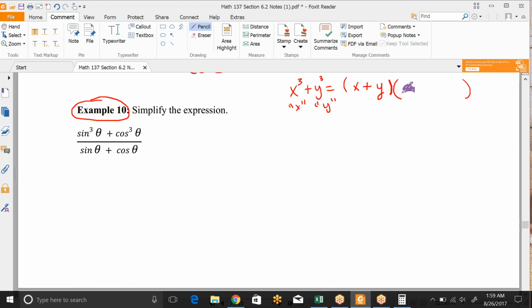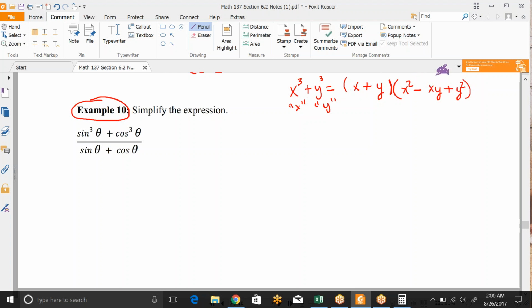So x times itself, which would be x squared, x times y, which would be xy, and then y times y, which would be y squared. If you've done that correctly, you should have something that looks like this. And then the sign is always same as the original for the binomial, opposite to the original for the first part of the trinomial, and then always positive. We remember that by SOAP.